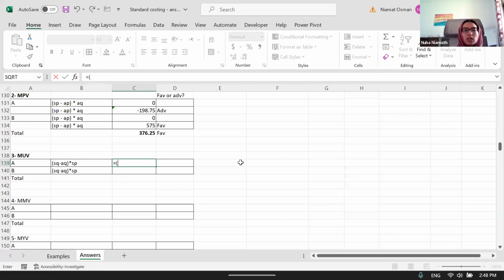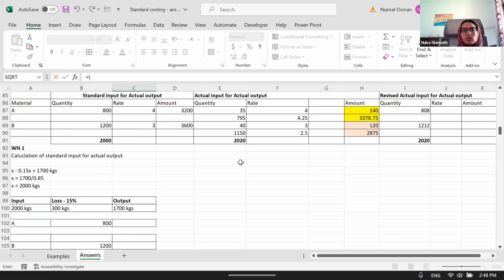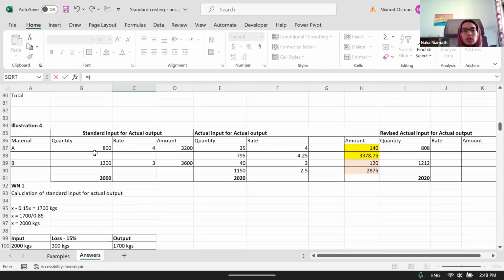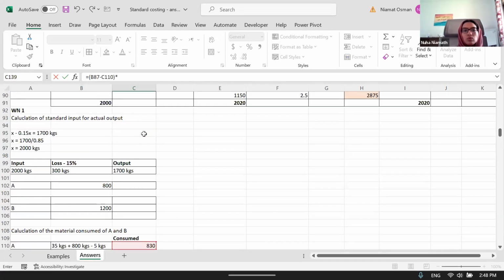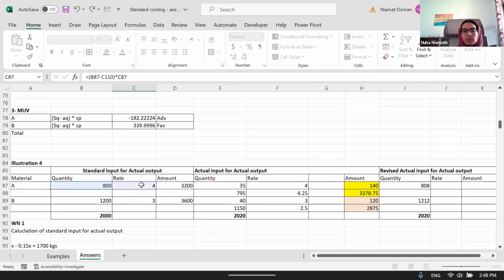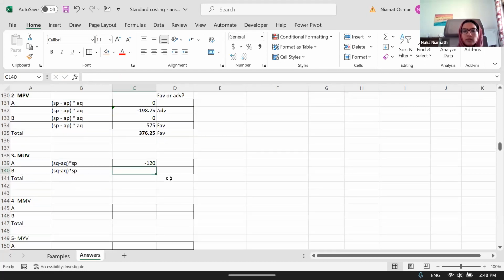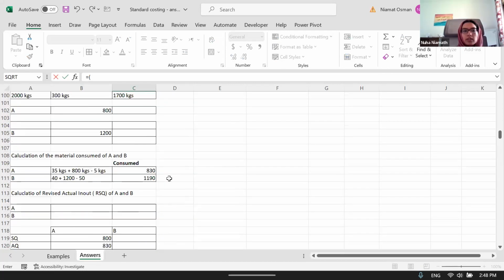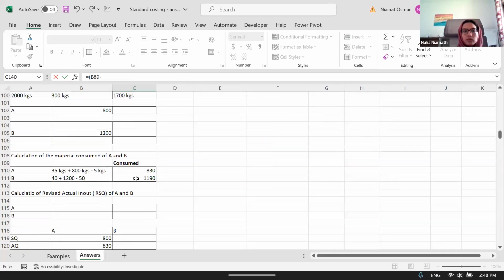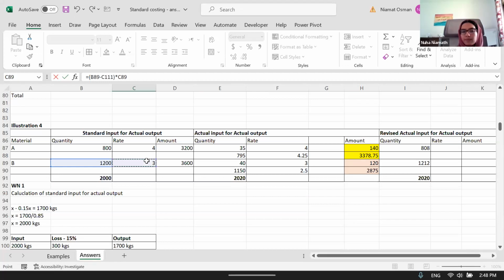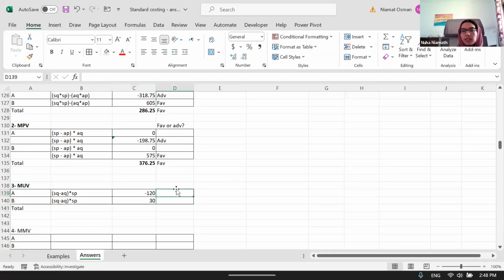So this will be SQ minus AQ into SP for A, and SQ minus AQ into SP for B. Can everybody tell me favorable or adverse?